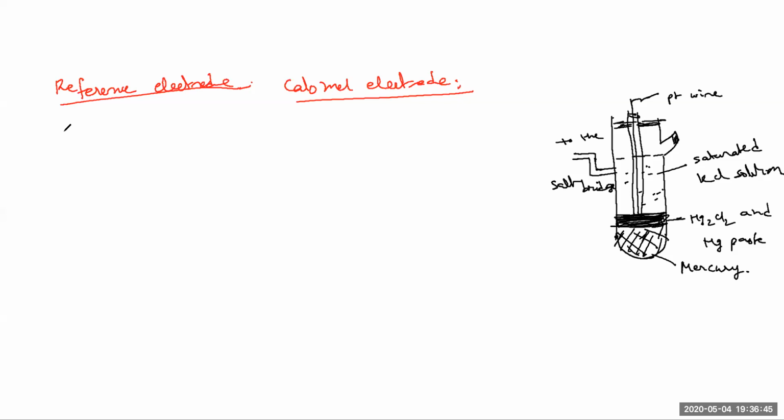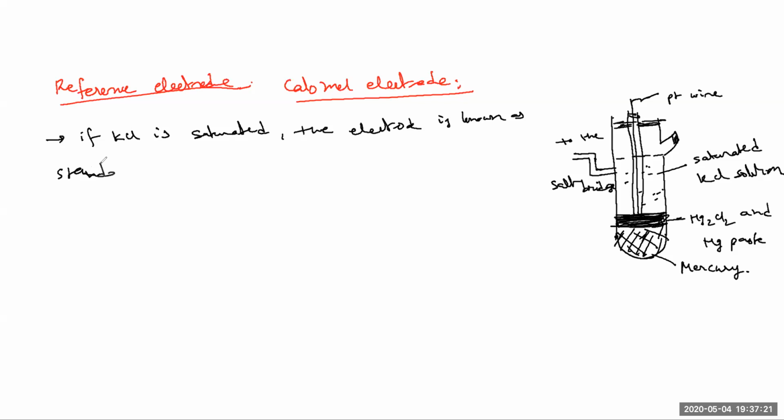Continuation: if KCl is saturated, the electrode is known as the standard calomel electrode, simply SCE, standard calomel electrode.